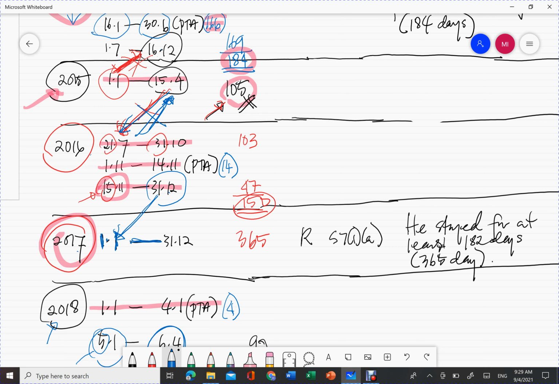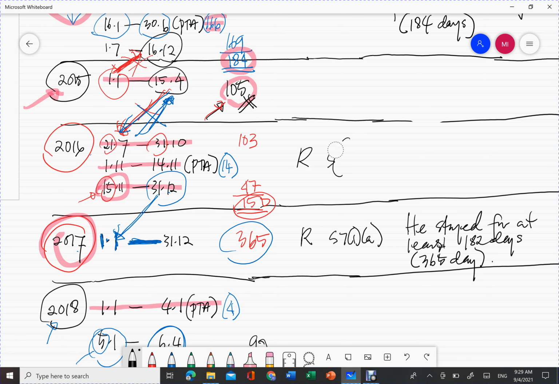Tengok period ni. Dapat tak minimum 182 days? Dapat 365 hari. So for this case, Mr. Austin is a resident in Malaysia by virtue of section 71B.